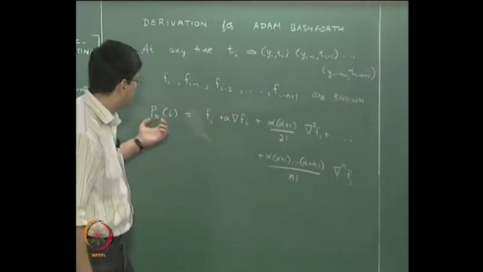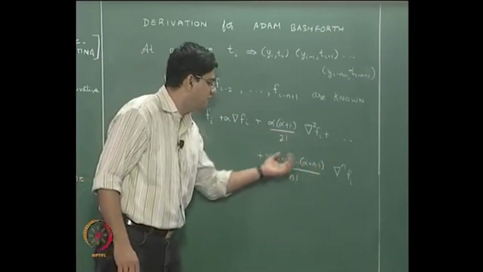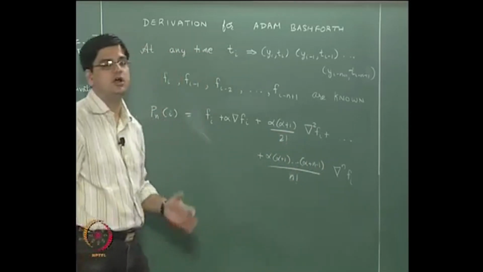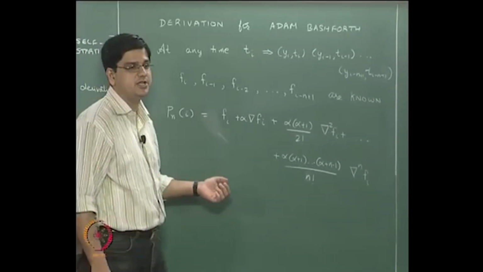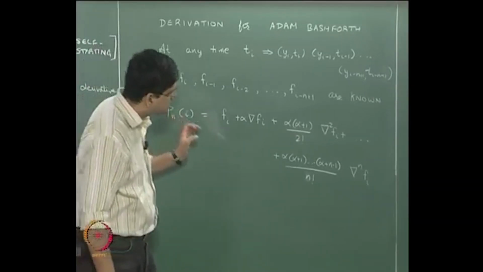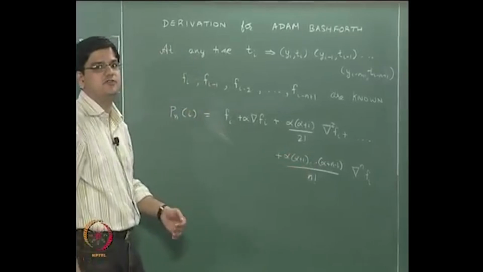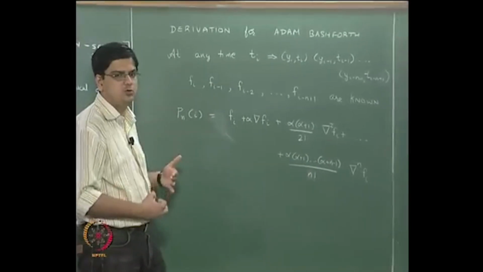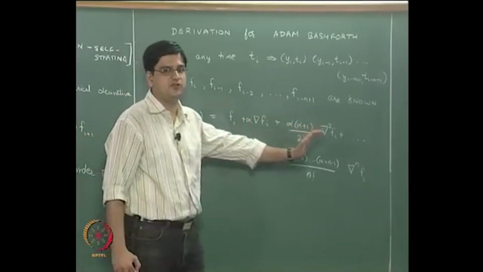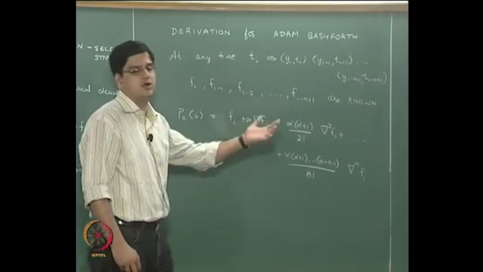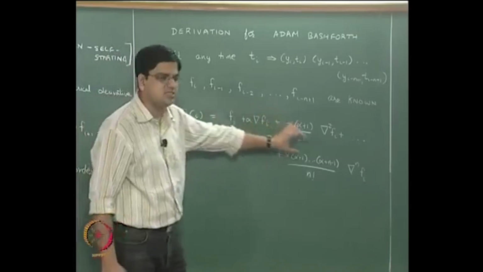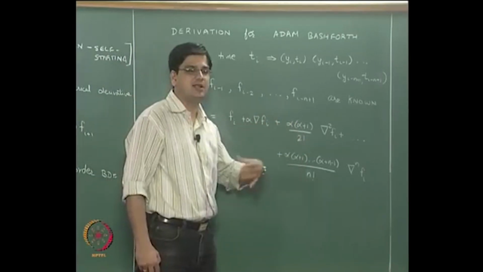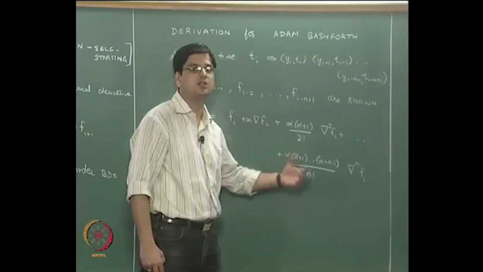Okay. And this is a similar type of derivation, if you recall, to what we had done when we were trying to derive the Newton-Cotes integration formulae. In the Newton-Cotes integration formulae, because all the functions were known to us, we could just use the forward difference formulation, or we could of course also use the backward difference formulation. In this case, the values at y_{i+1}, i+2, i+3 and so on are not known to us.